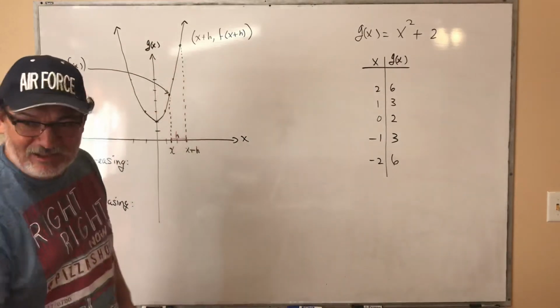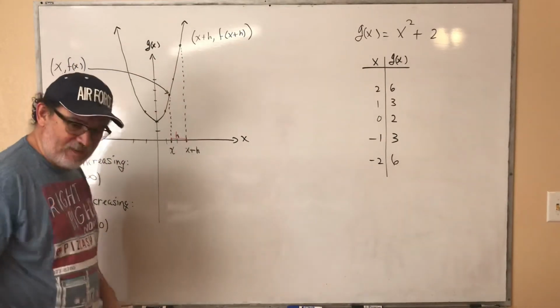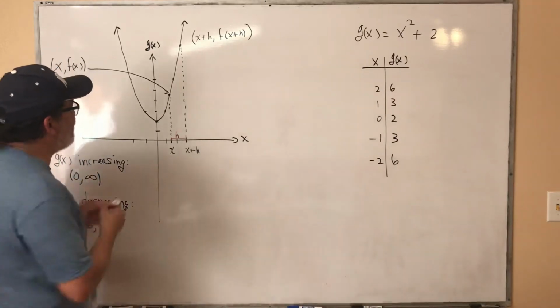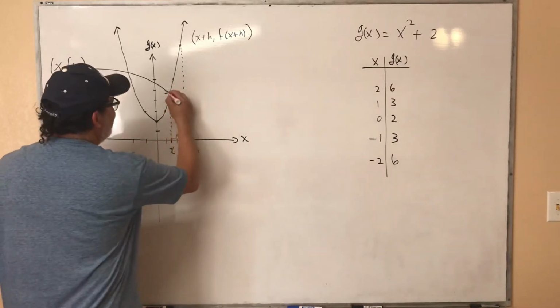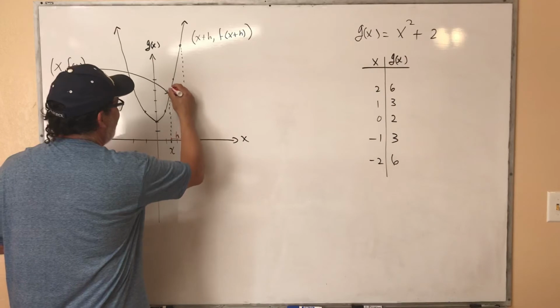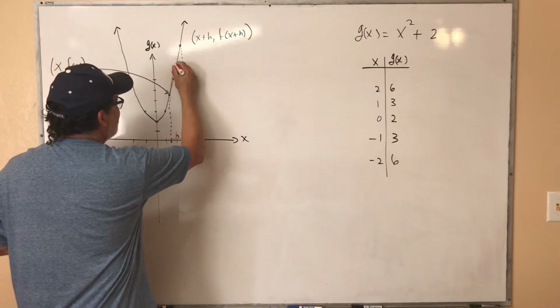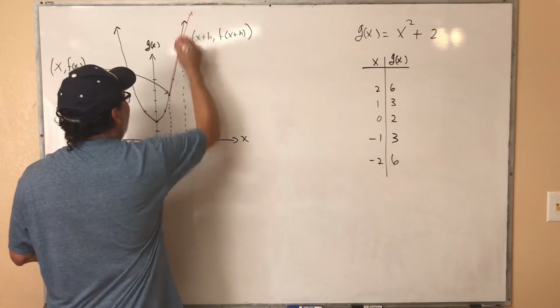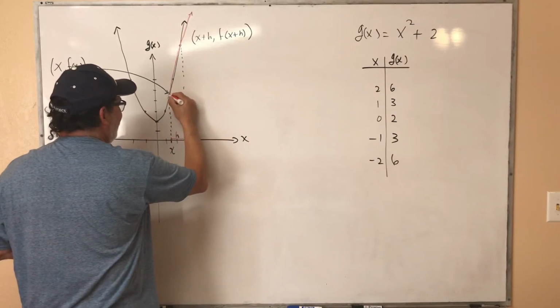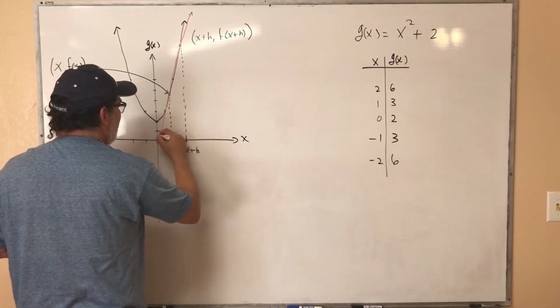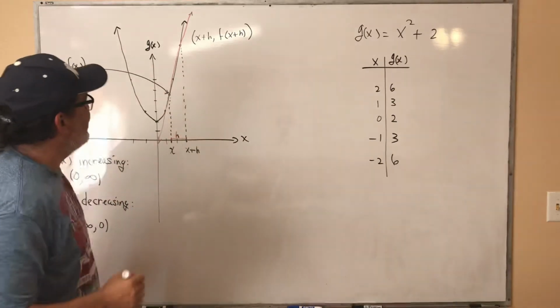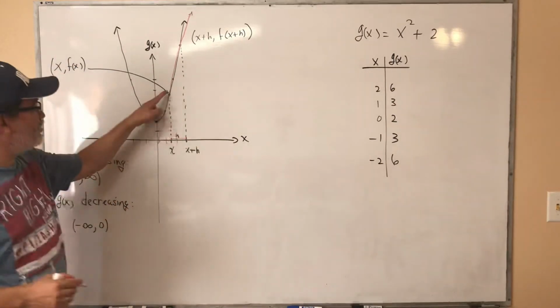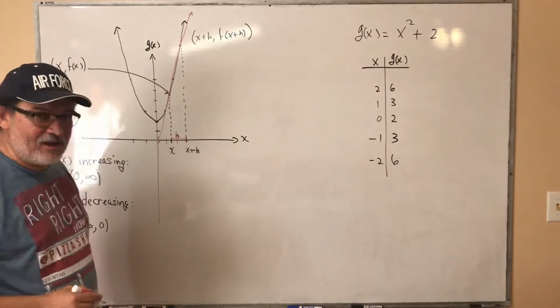Think of a line passing through those 2 points, okay? And we want the slope of that line. We want the slope of this red line.